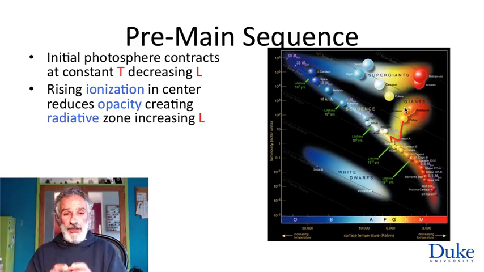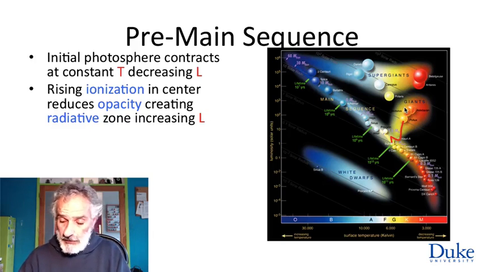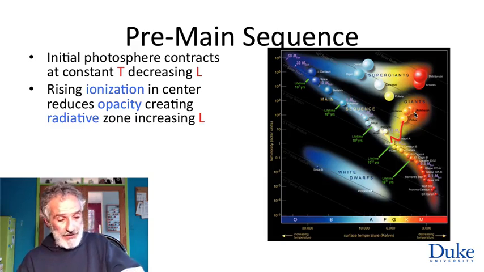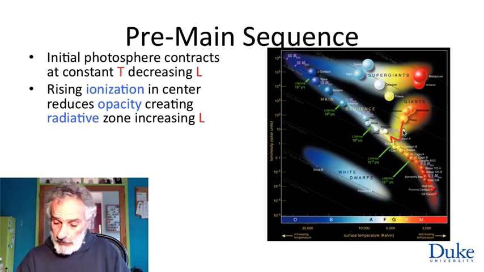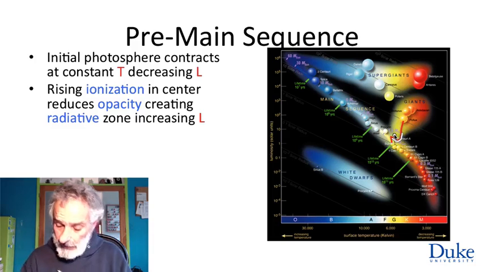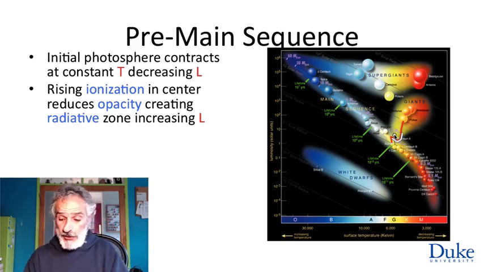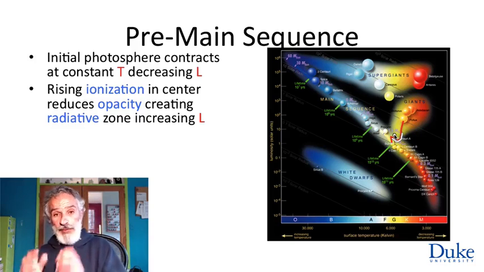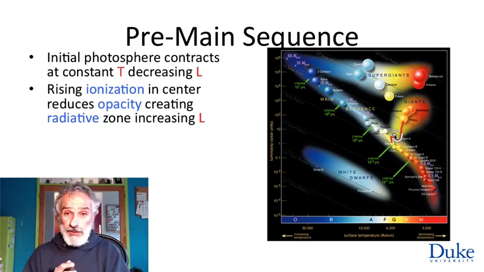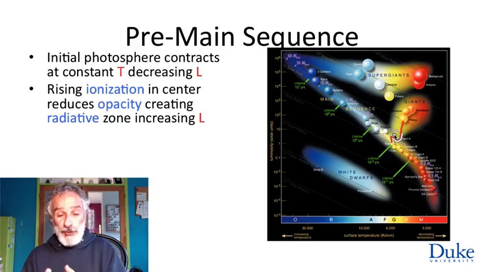This makes the efficiency of transporting heat out of the core into the envelope higher, and that increases the luminosity, and that is this knee in the track that we see around here. This is this increased ionization, and this continues to proceed until temperatures in the core reach sufficient temperatures and densities are such that hydrogen fusion starts.